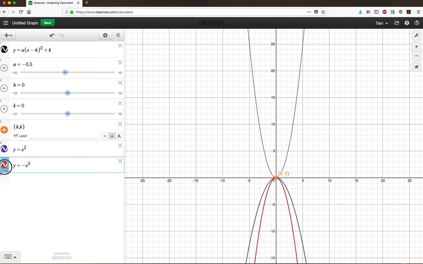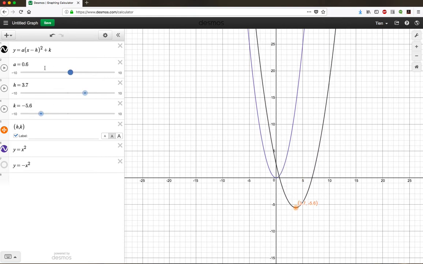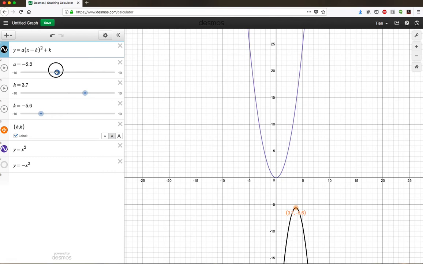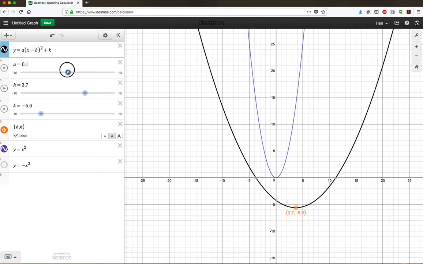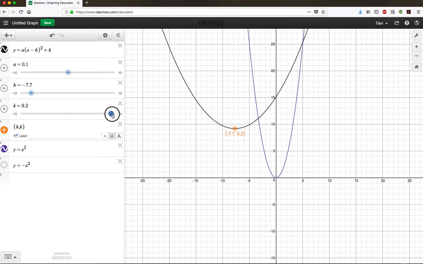But the point of all of this is that every parabola we showed, or every quadratic equation, is something of that form. And so no matter what craziness you might get in terms of a, h, and k, all you're going to get is some stretched out, shifted around version of the original x squared.